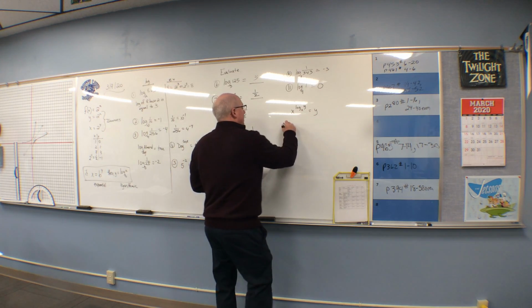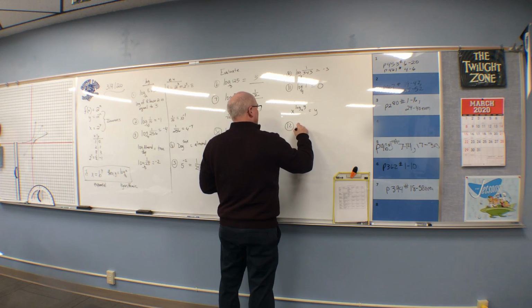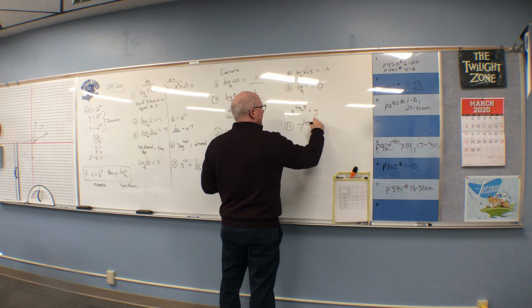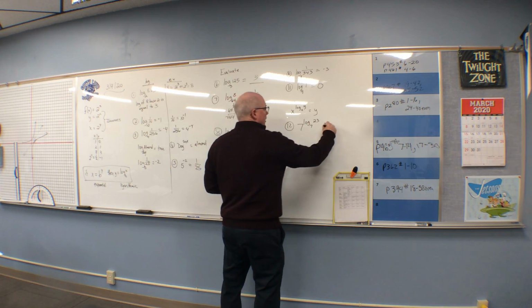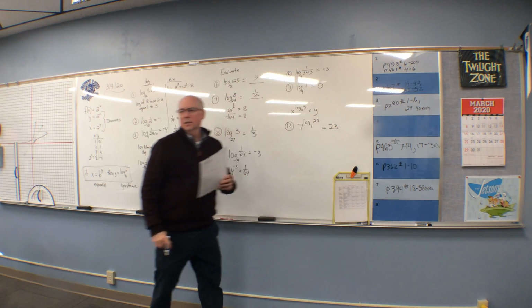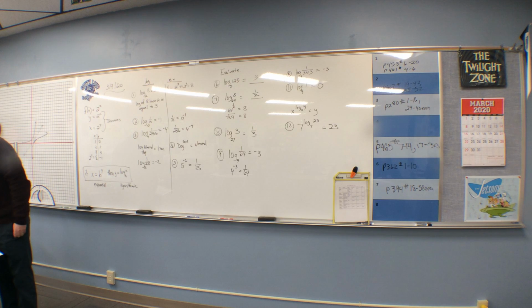So if I have 7 to the log of 23 base 7, what is it? 23. It is 23. And that is a rule; your book doesn't have it, it's in the old ones, but the last 4 problems are based on that concept.